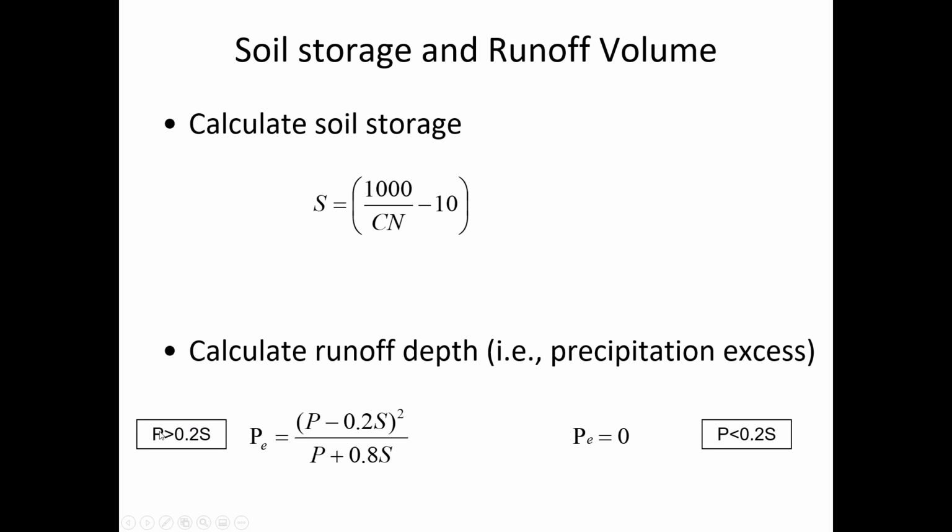So this is just saying if you have a big enough storm that you wet the surface, you satisfy all of the interception effects, and now there's going to be more precipitation beyond the initial abstraction, then this is how you can calculate the precipitation excess. But if you don't have the initial abstraction satisfied, then there won't be any runoff. So this is the NRCS equation, and this is just simply how you calculate S.